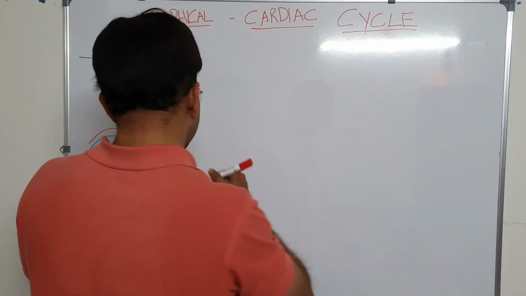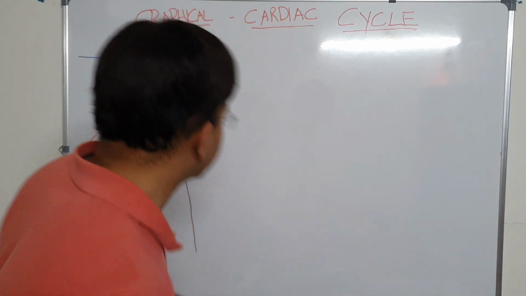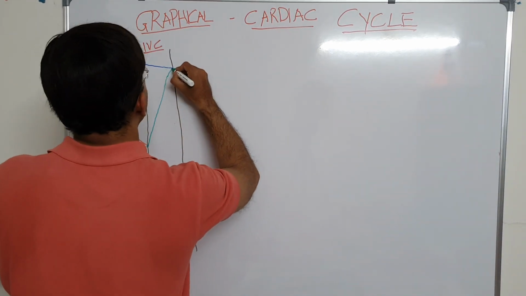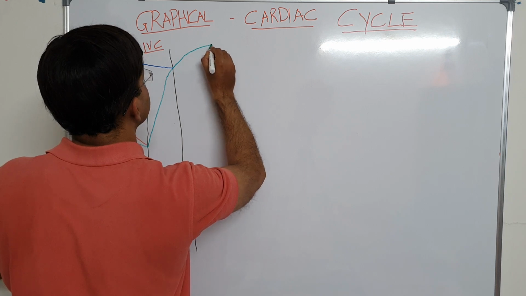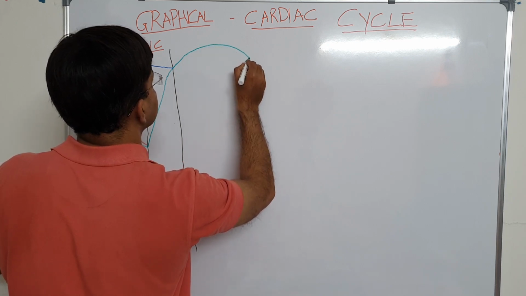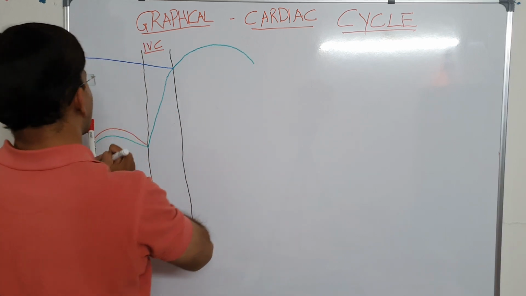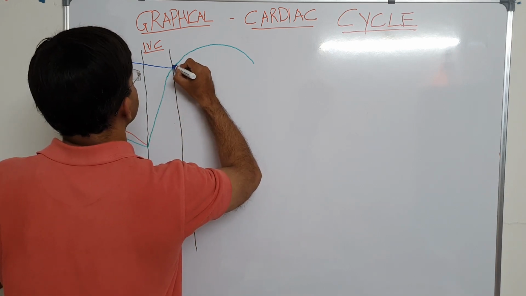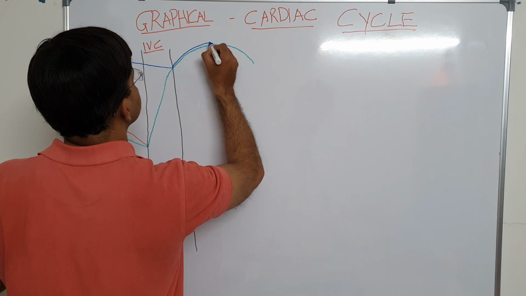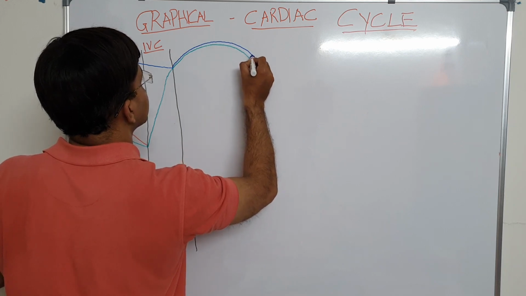So what we will see over here is basically the ventricular pressure will keep increasing, and along with that, our aortic pressure is also going to increase.